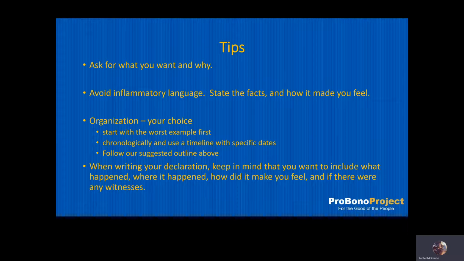You don't need to sling mud, or talk bad about the other parent's family or anything. However, you write the truth, you state the facts, how it made you feel, and why you were hurt.